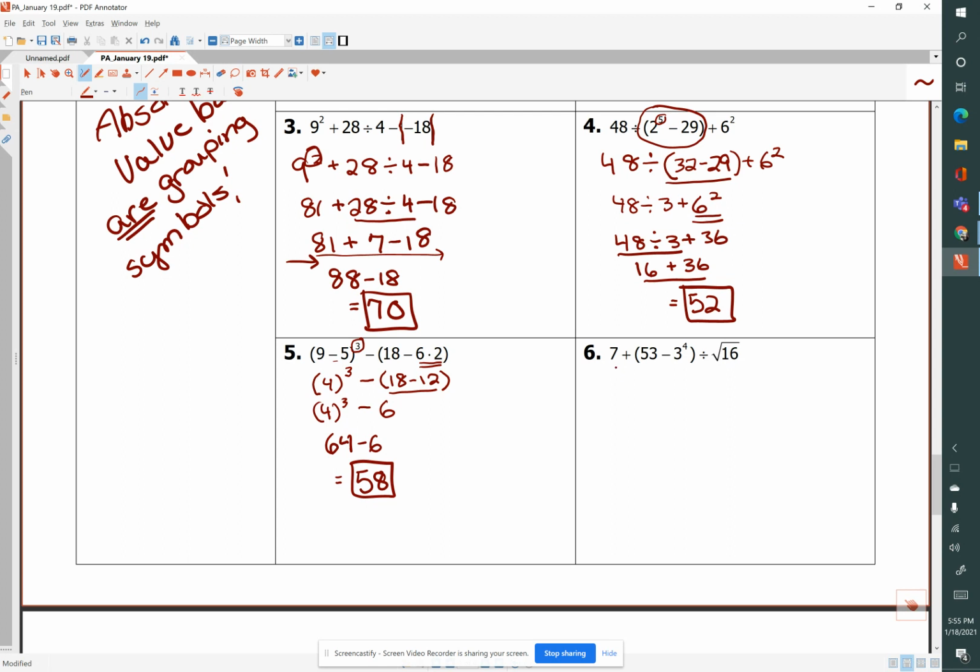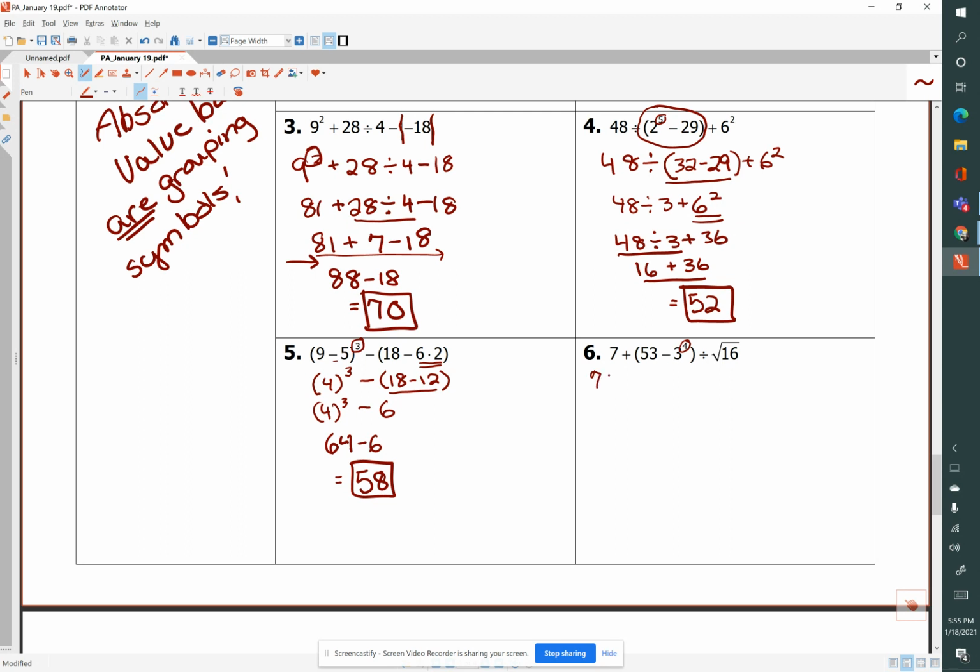Number 6, we have 7 plus the quantity of 53 minus 3 to the 4th power divided by the square root of 16. First of all, I want you to note that only the 3 is raised to the 4th power, not the whole quantity as we had in the other one. So that's where we're going to start.